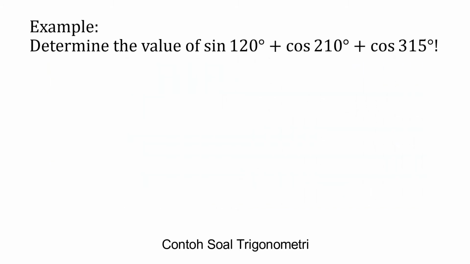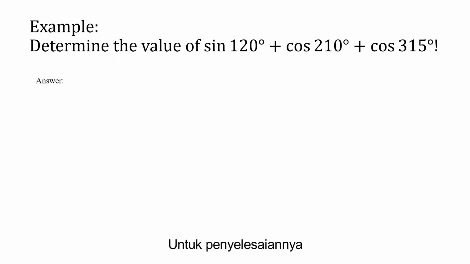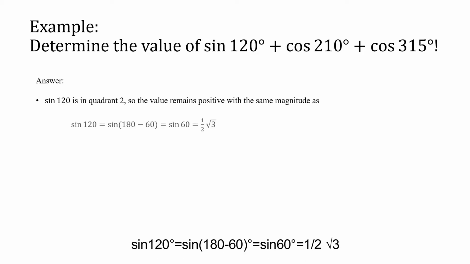Example of a trigonometry exercise. Determine the value of sine 120 plus cosine 210 plus cosine 315. For the solution, sine 120 is in quadrant 2, so the value remains positive with the same magnitude as sine 120, same as sine 180 minus 60, which is the same as sine 60.